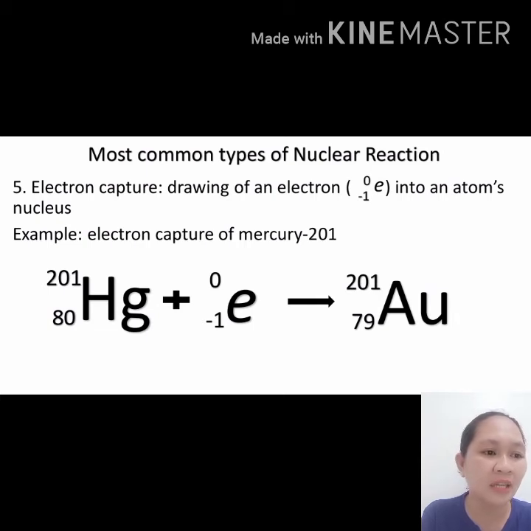So, ang mangyayari niyan, ang sabi dyan, electron capture. Pag sinabing capture, mag-a-add tayo. Capture. So, addition. So, 201 plus 0 is equal to 201. 80 plus negative 1. So, magkaiba na naman siya ng sign at nasa addition.